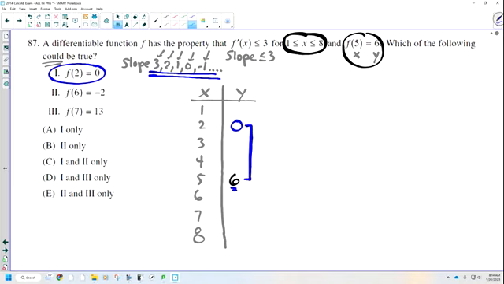So what if my slope was 2? What if I only went up 2? I could have a slope of 2, can I? This would go to 2. Go up another 2 and go to 4. I can go up another 2 and go to 6. So that's a possibility because my slope can be 2. So that's true.